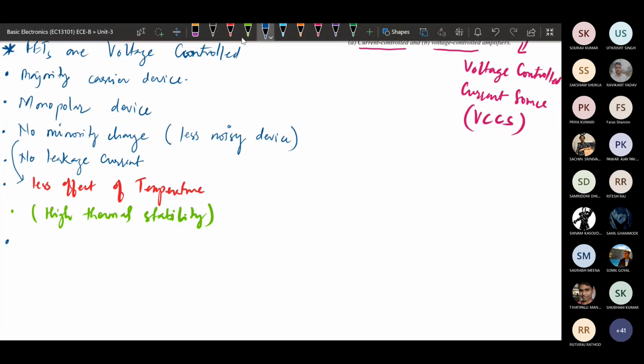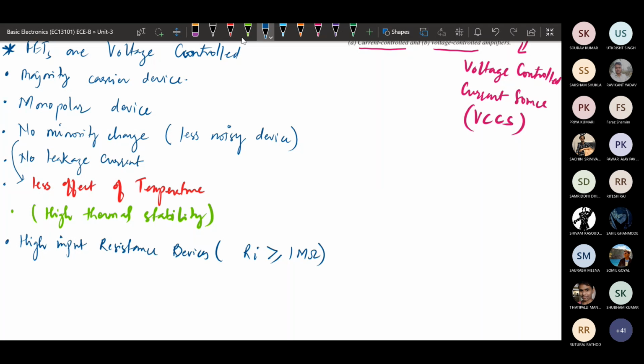Talking about input resistance, these are high input resistance devices, and generally this input resistance will be greater than or equal to around 1 megaohm, that means either 1 megaohm or greater. So it shows very high input resistance.